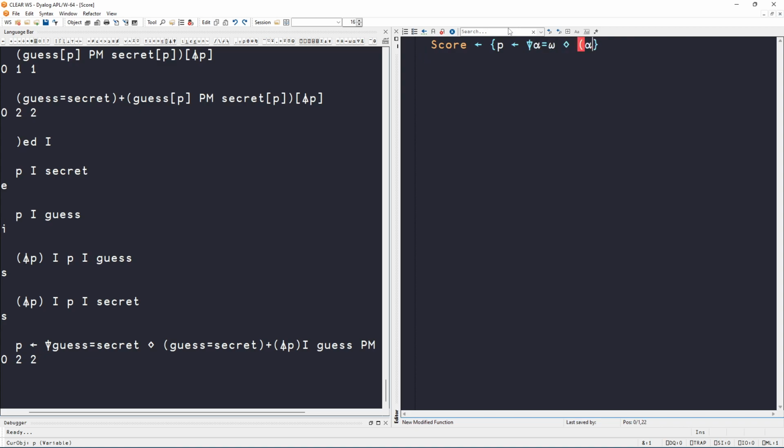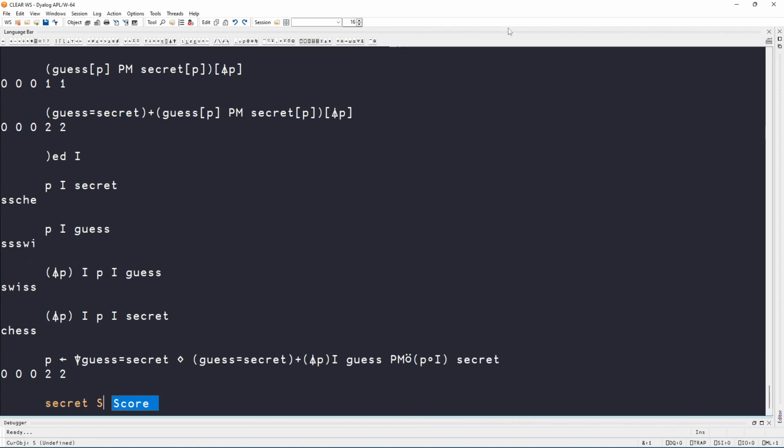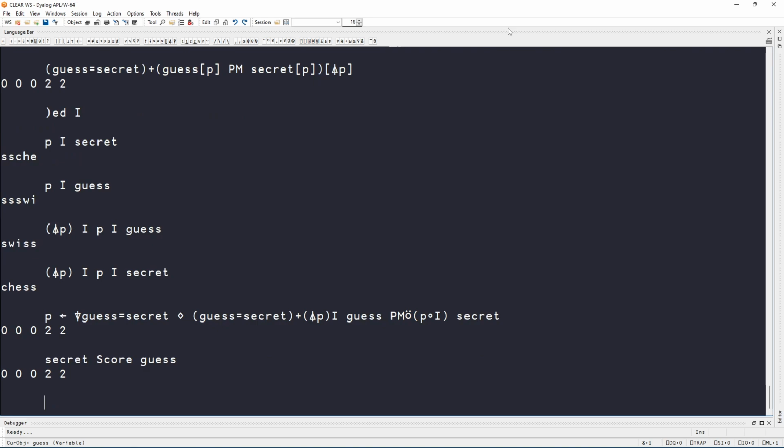And then what we need to do is we take the two, compare them, and add that to the grade up of P index into the, now the secret word, let's have it on the left. So the secret is alpha, so the guess is omega, progressive membership over the pre-processing with the reshuffle. So this is our score, and if we have the secret word, we can score our guess.